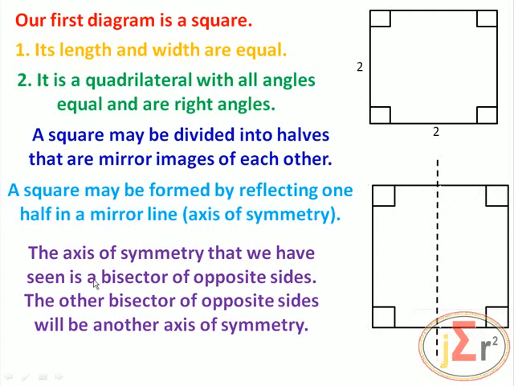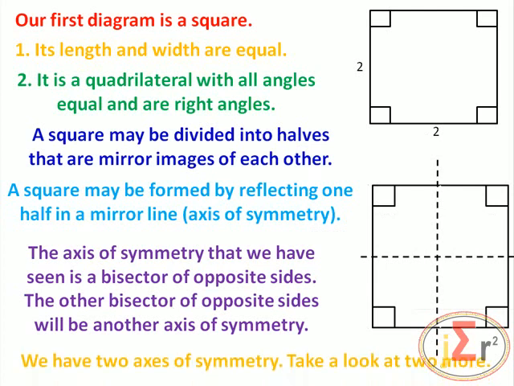And we are also saying that the other bisector of opposite sides will be another axis of symmetry, which is that one. That one will also be another line of symmetry. We have taken a look at the bisectors of opposite sides, and those are 2 axes of symmetry.